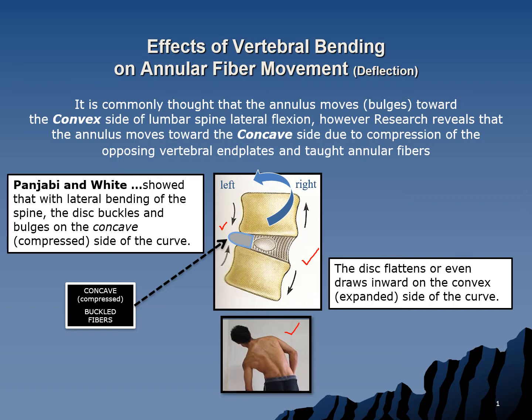The disc actually flattens or even draws inward on the convex or expanded side of the curve. Quite opposite to what maybe you were thinking. Most of you were probably thinking that during left lateral bending, the disc actually bulged to the right. But the opposite is true.